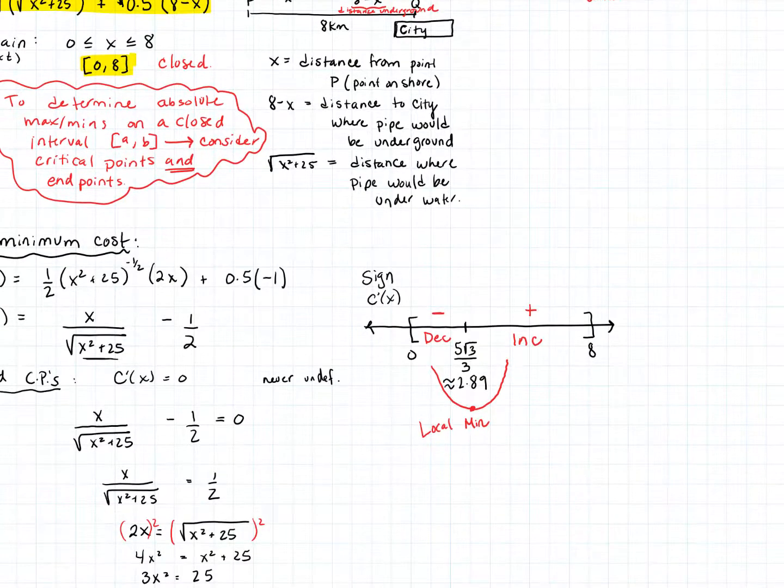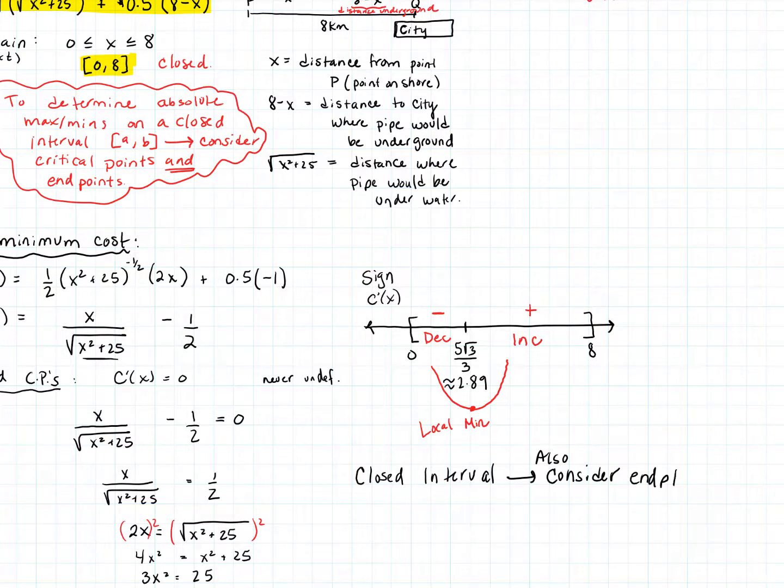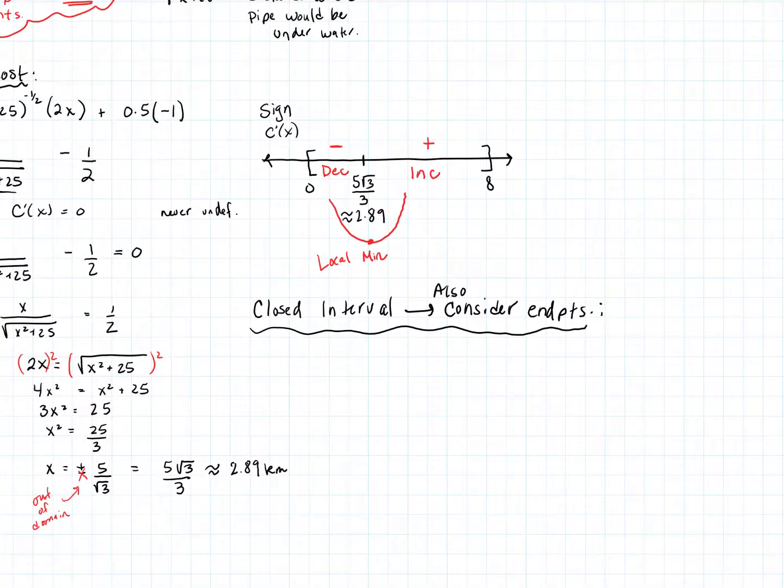We want to consider, since it's a closed interval, we have to also consider endpoints. We've just shown that we have a local minimum. But what about, is that local minimum my absolute minimum? I don't know until I check the endpoints.